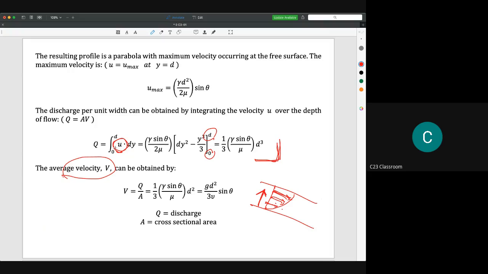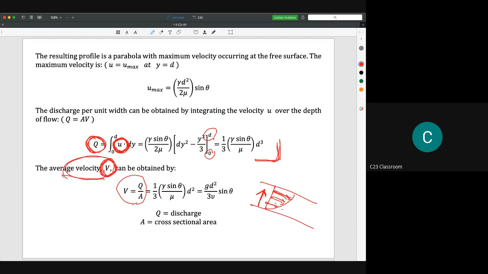And finally, when you get the total flow rate from the velocity distribution, then you are able to calculate the average velocity. Why? Because you need to make sure that you get the same flow rate, whether you calculate using the velocity distribution or using the average velocity. So from the total flow rate here, we can calculate the average velocity using this equation.